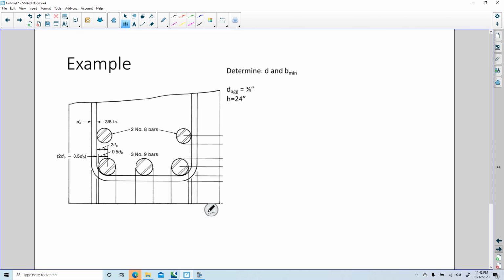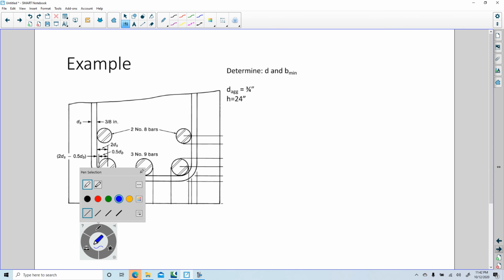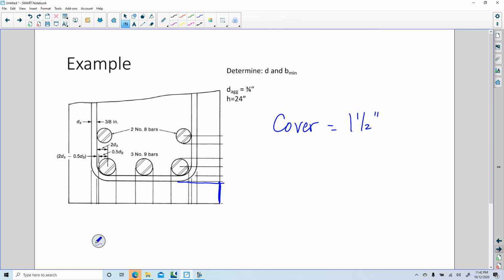So again, we have our cover, which we've already figured out is 1.5 inches. That is the distance from here to here.